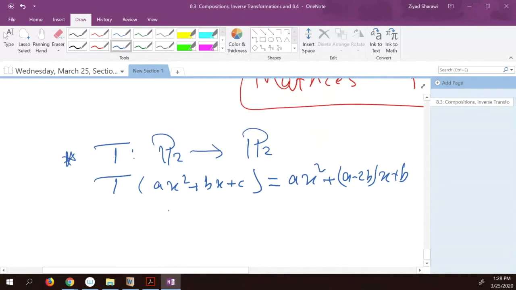If you look at this, this is a linear transformation. We understand everything about it.